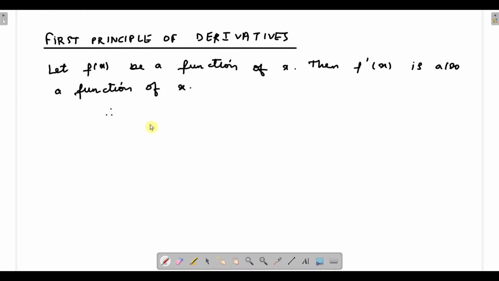Then f prime of x is also a function of x, and f prime of x will be equal to the limit h tends to 0 of f of x plus h minus f of x, divided by h. So this is the first principle of derivatives.